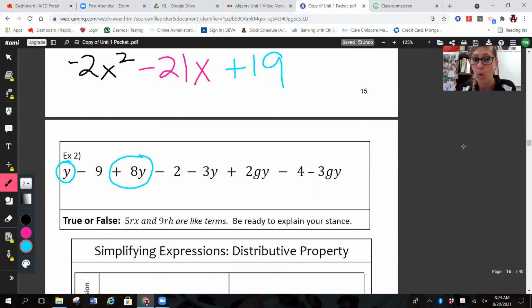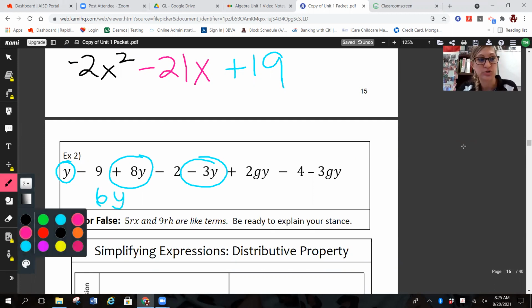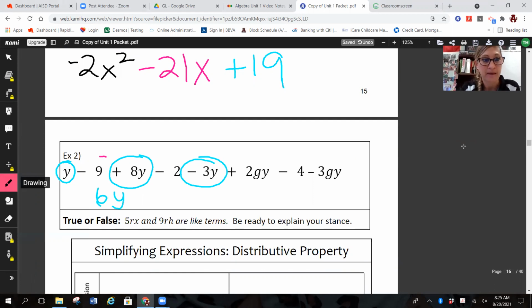So that's really 1 + 8 is 9y. 9y minus 3y is 6y. So the answer to the y is 6y. Now let's do the constants. -9 minus 2 is -11. Minus 4 is -15. Remember, I like to put the constant last.